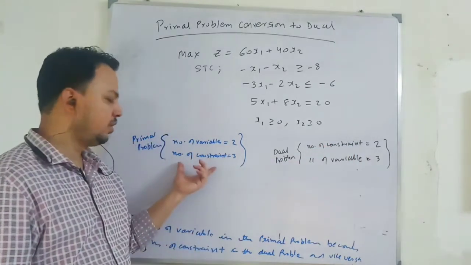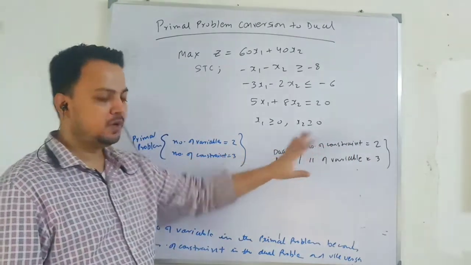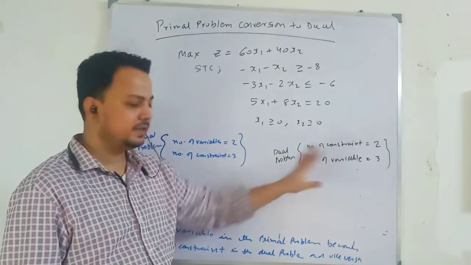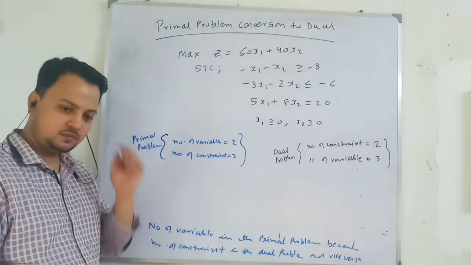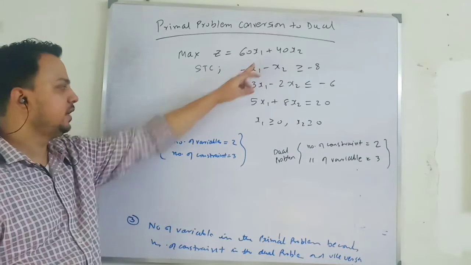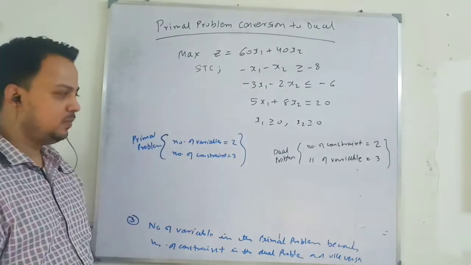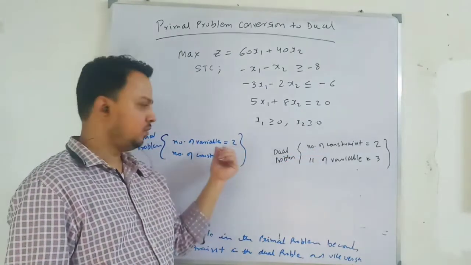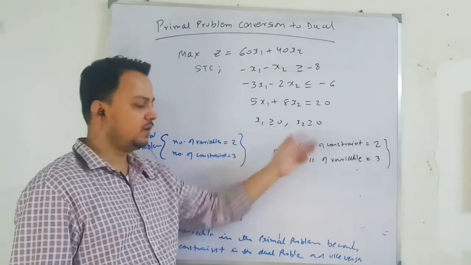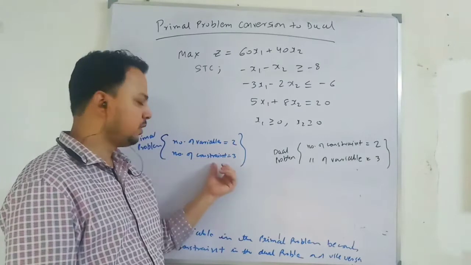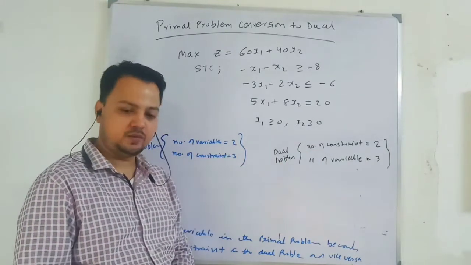That means the number of constants in the primal problem will become the number of variables in the dual problem. That thing I will do. So here I have two variables x1, x2 and three constants. In the dual problem, what will I be having? Whatever number of variables you have in the primal problem, that will be your number of constants. Whatever constants you have, you will have that number of variables.